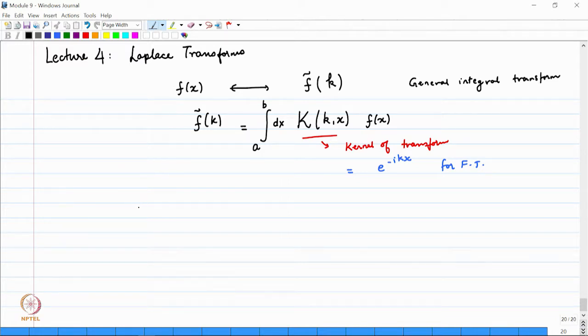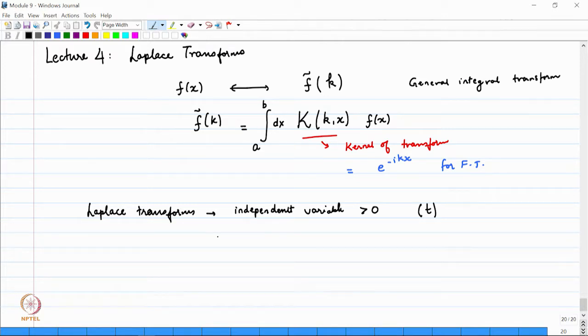Now let us look at Laplace transforms. For Laplace transforms, for convenience, we take the independent variable greater than 0, and this is denoted by t. Again this is for historic reasons, because t is used for time, and time is usually greater than 0.